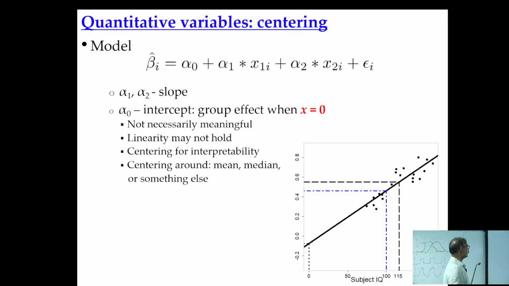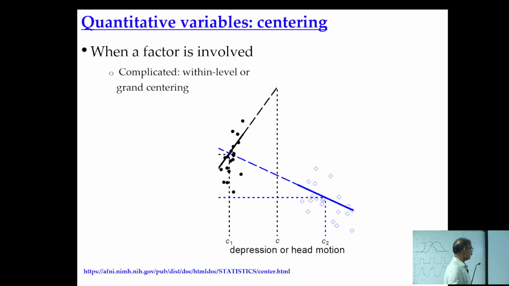And again, this is when you use a single factor, then it may not be that easy. Like, just by looking at head motion, it's hard to say if someone has depression or not, right? So you have to have other sources.